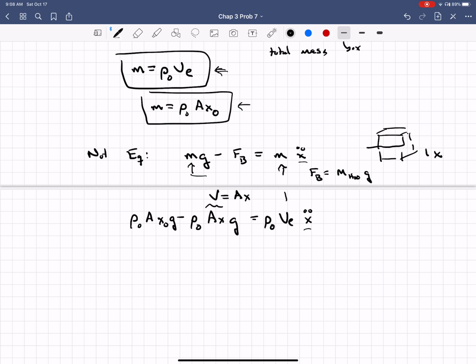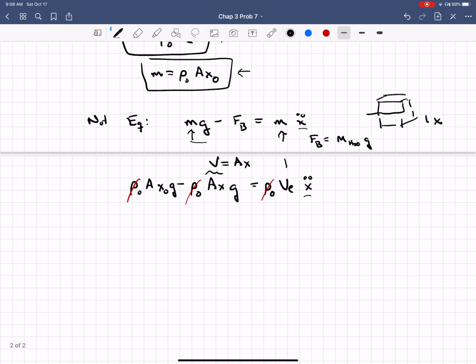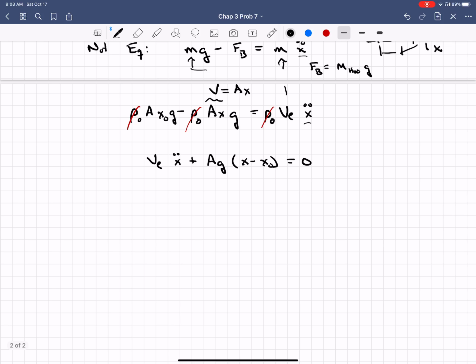Okay, now when I look at this equation, I see that the rho 0 cancels out, so the density of the fluid doesn't particularly matter. If I rewrite this, I have V sub E x double dot plus A g times (x minus x0) is equal to 0. Or x double dot plus A g over V sub E times (x minus x0) is equal to 0.